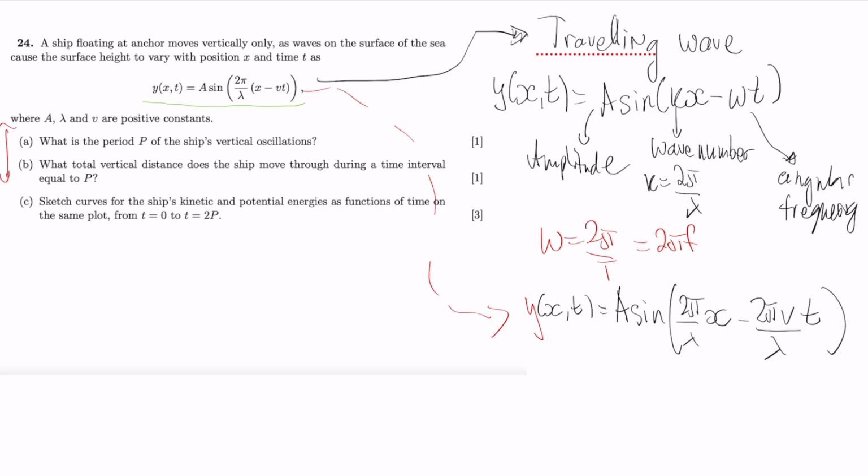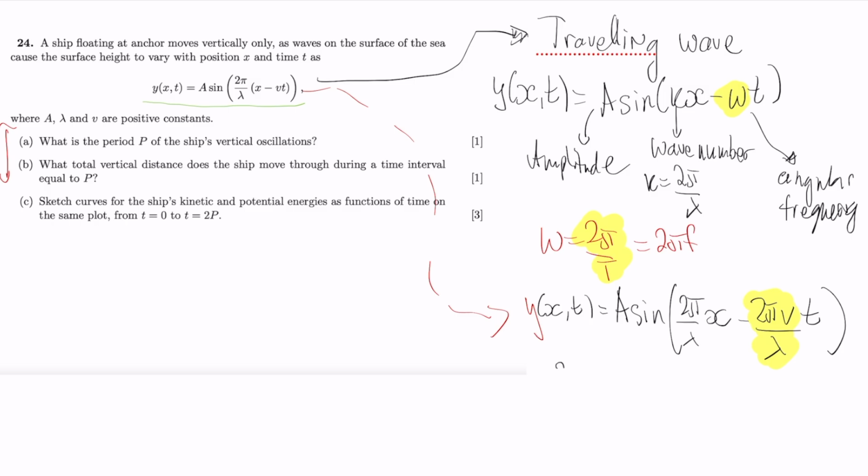What we can see is that what we have here, 2 pi v over lambda, is our angular frequency, which is also equal to 2 pi over T. So we can essentially set those equal to one another.